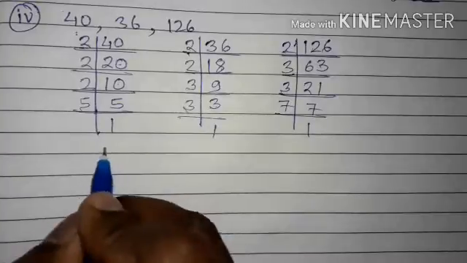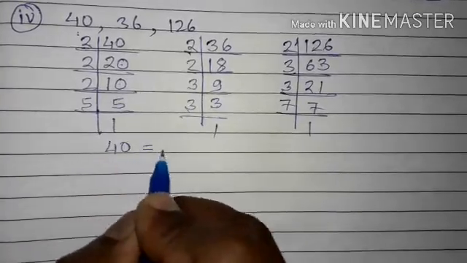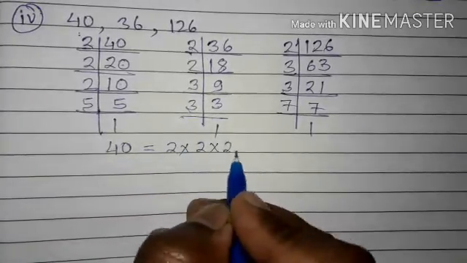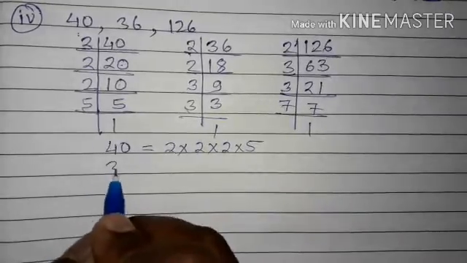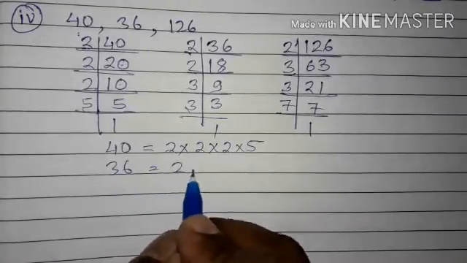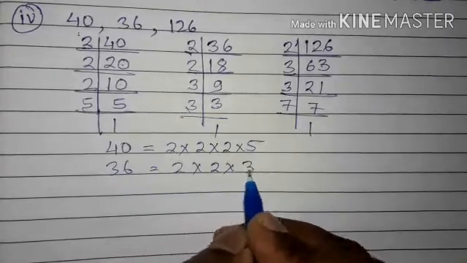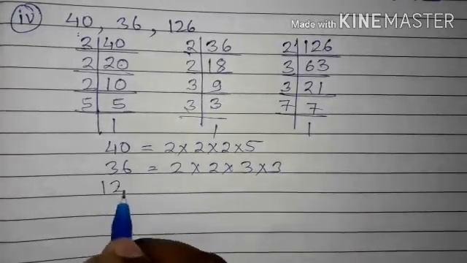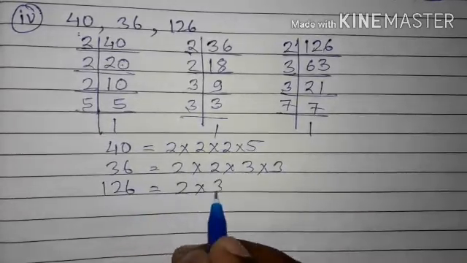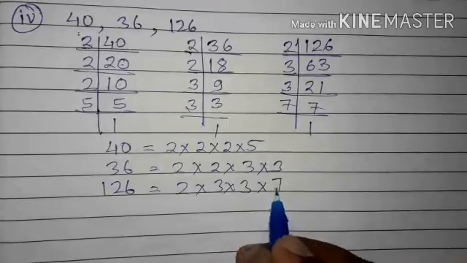Now write all the factors. 40 is equal to 2 multiplied by 2 multiplied by 2 multiplied by 5. 36 is equal to 2 multiplied by 2 multiplied by 3 multiplied by 3. And 126 is equal to 2 multiplied by 3 multiplied by 3 multiplied by 7.